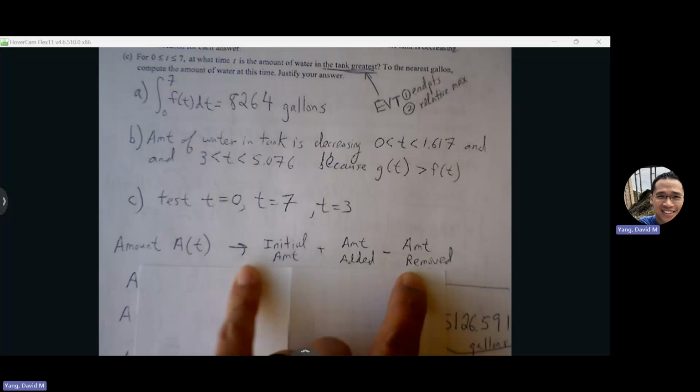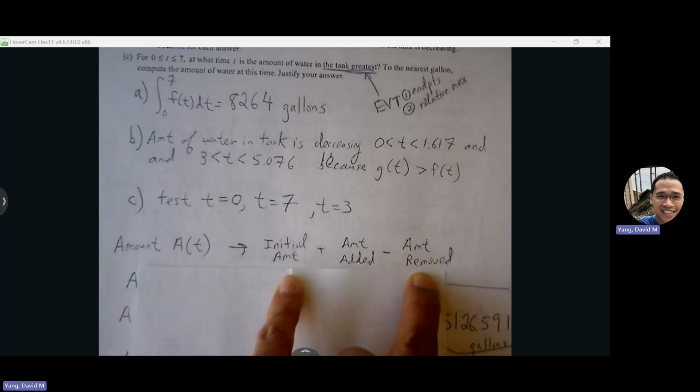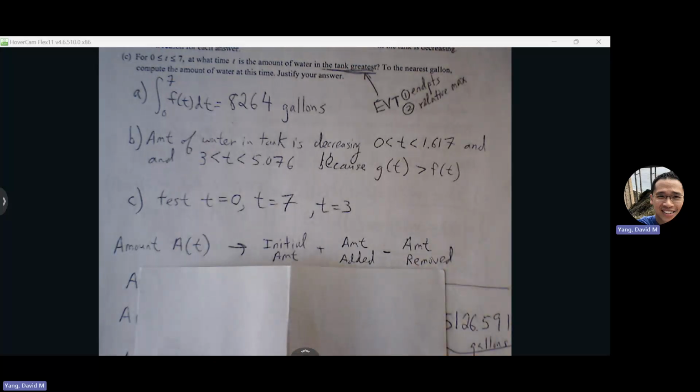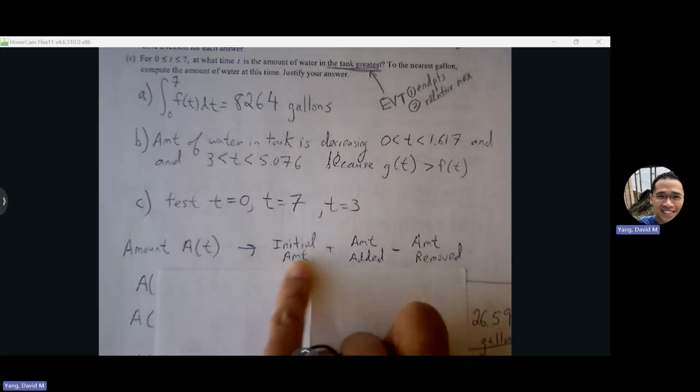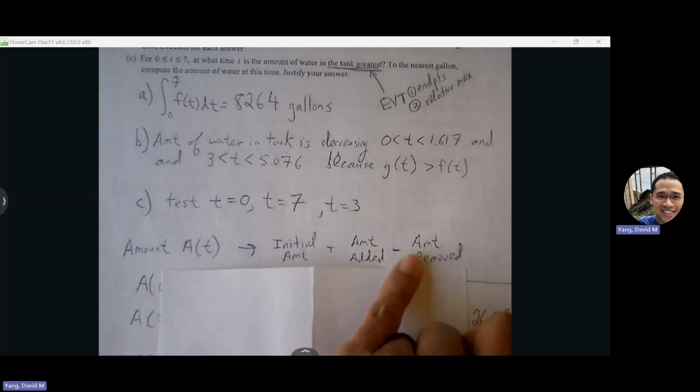So we have our amount A of t, similar to that formula that we built before, where we're taking into account 3 things if we want to figure out how much water is in the tank: how much is there to begin with, how much has been added, and how much has been removed. So let's create that formula for part C.